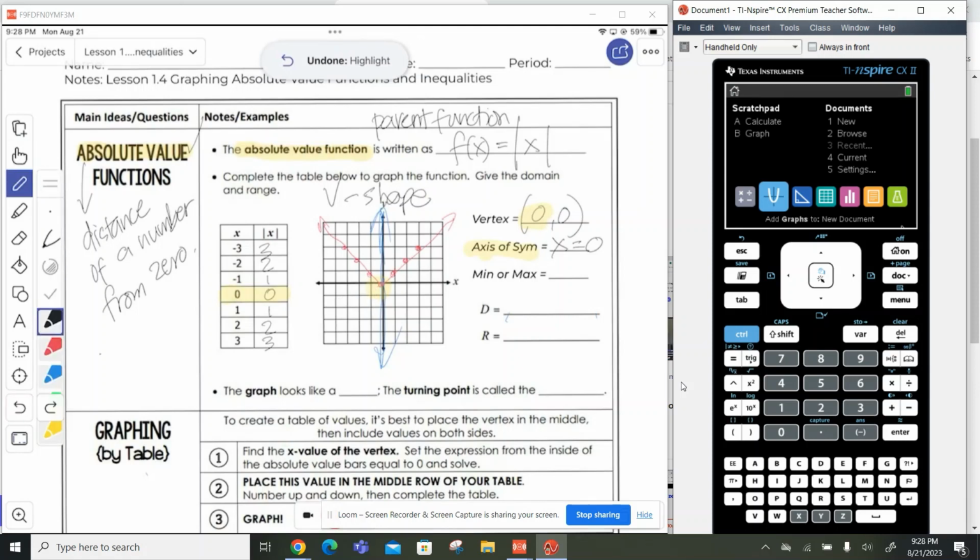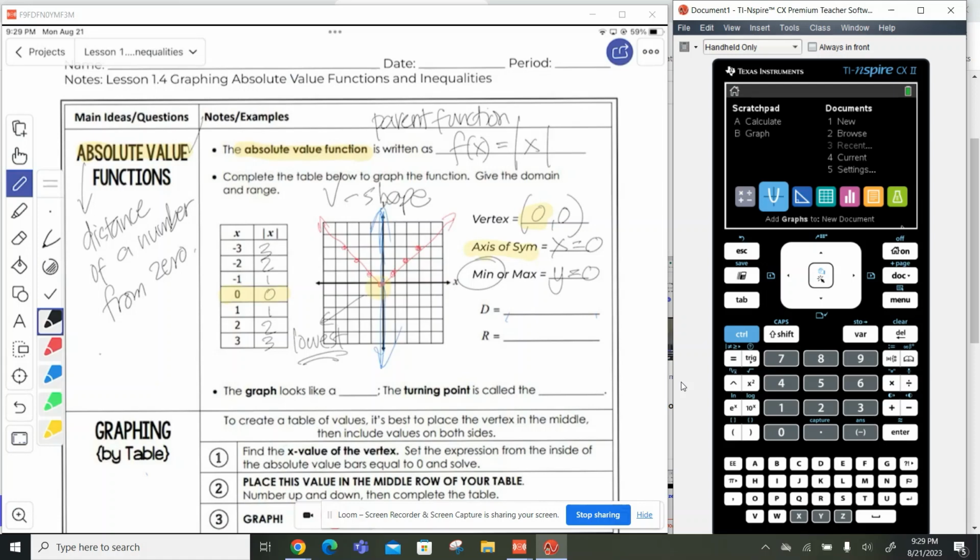Again, this vertex right here is the lowest point. Since it's the lowest point, we say it's a minimum. The y value of the vertex goes here: y equals 0. So the minimum is at y equals 0.